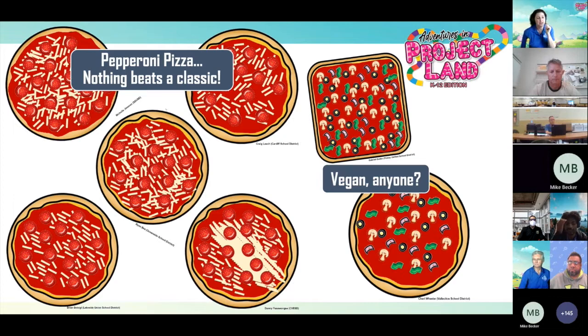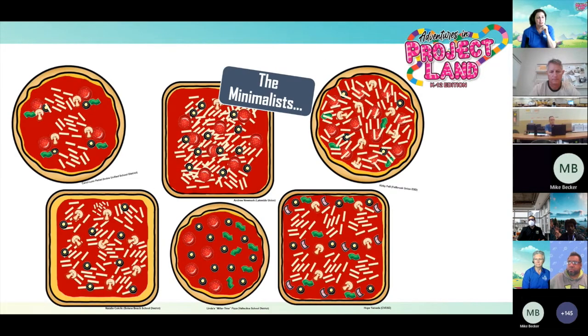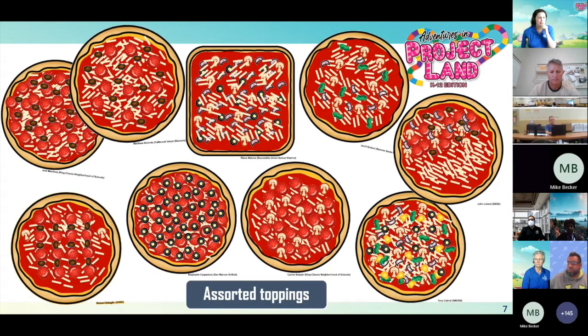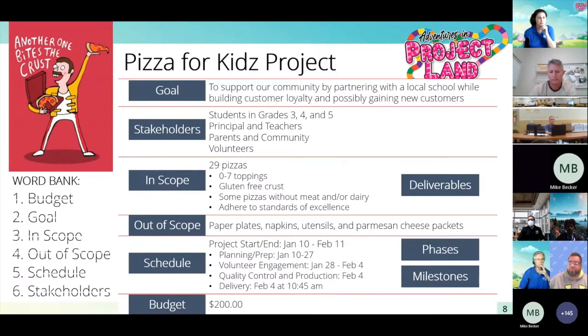We made some kind of basic pizzas with not a lot of toppings, because we're trying to be careful with our resources and not waste them. And then we made a bunch of others, just whatever we felt like. Some people like half and half, some had square pizzas, round pizzas, all kinds of different pizzas. So lots of pizzas that we made for this project.